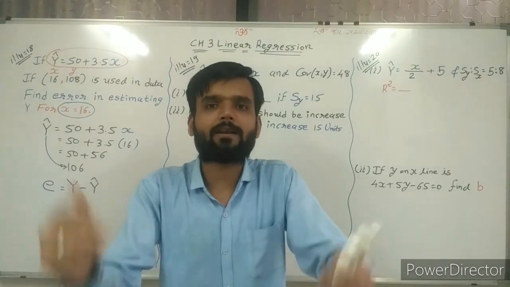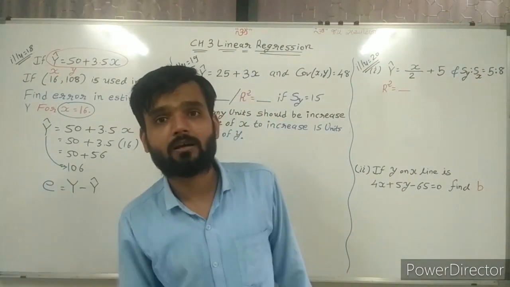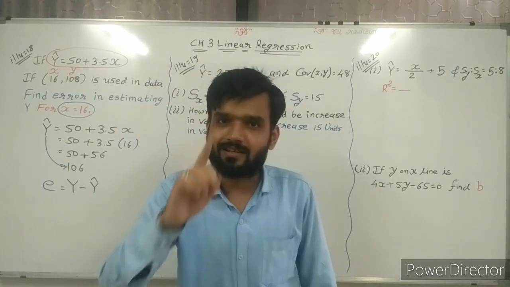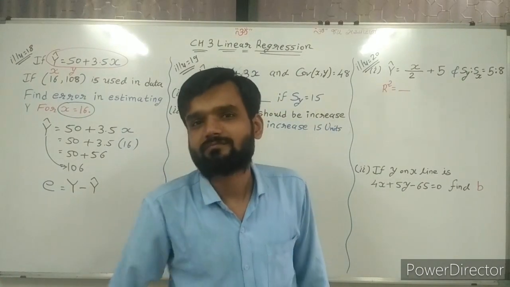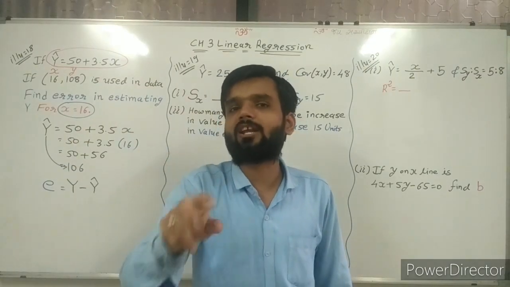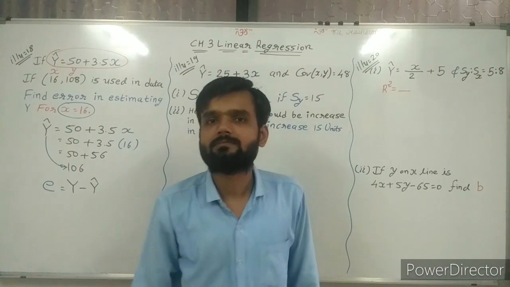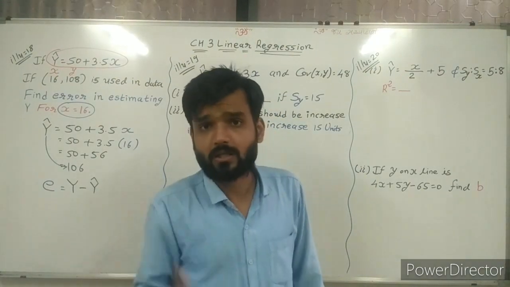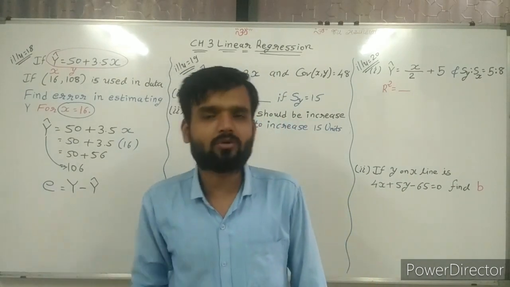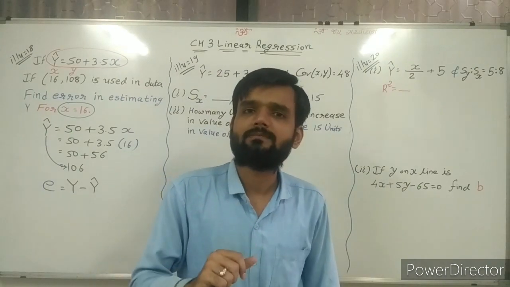But if in that year you earn 7 lakh, then my estimation was wrong. 5 lakh is my estimation, 7 lakh is my real earning. So there is an error of 2 lakh. My assumption is less by 2 lakh rupees. Same way, my estimation is 5 lakh, but my actual earning is 4 lakh rupees. Then error of 1 lakh.